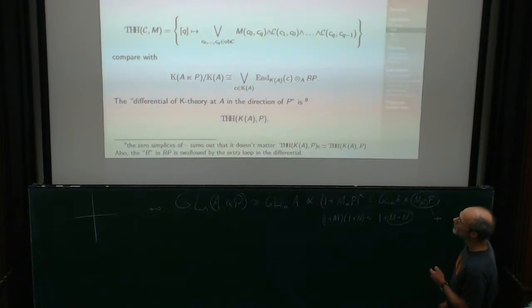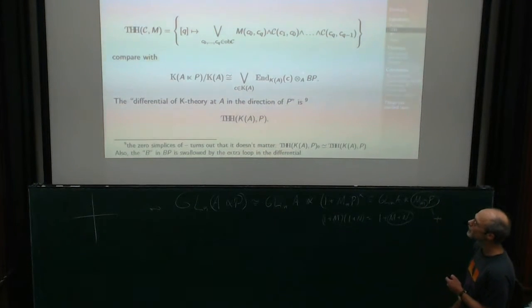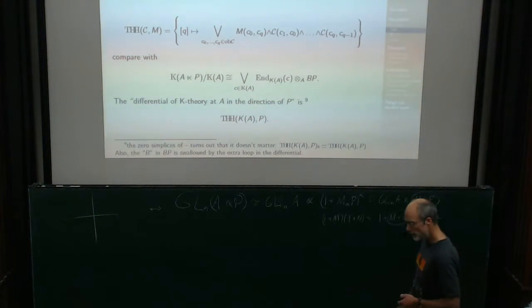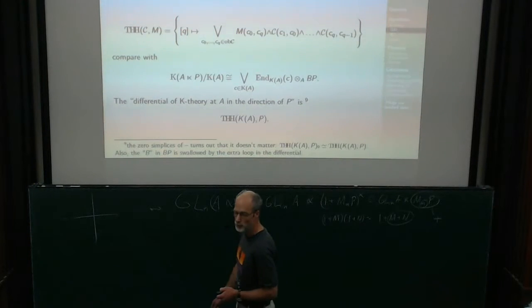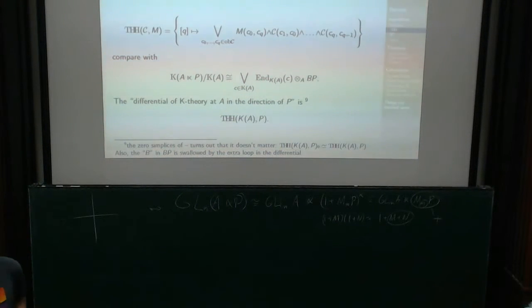And we've started a wee bit by taking the bar. So what you should do is take the bar lots of times in order to get a spectrum. But that was exactly the procedure you did in order to take the differential of K-theory. You were supposed to take the bar of P lots of times, and then you were supposed to loop back. So forget about the looping back. We're okay with staying in spectra here.